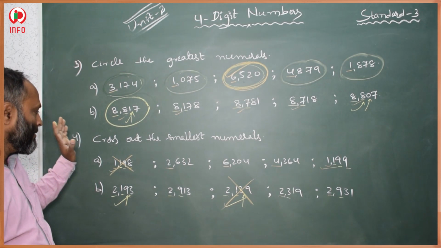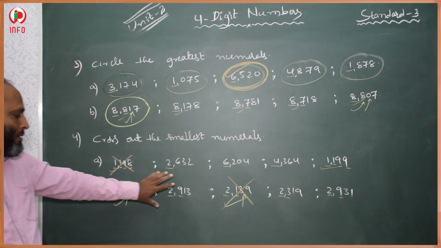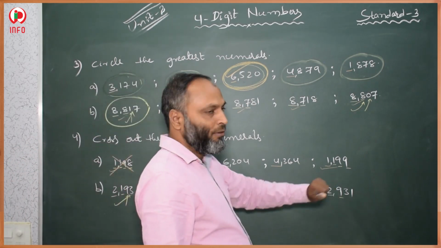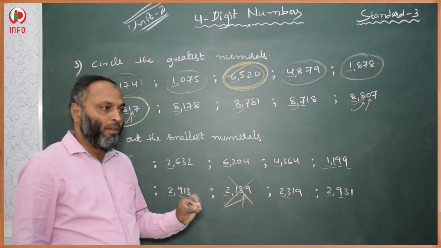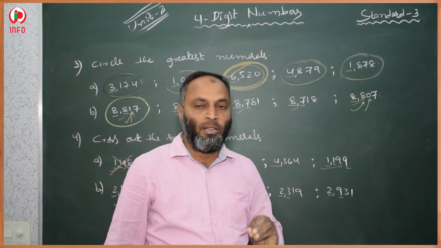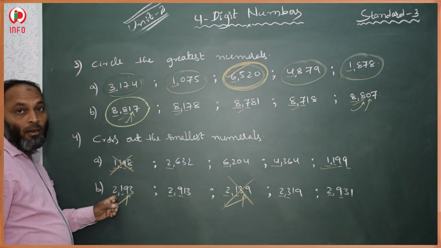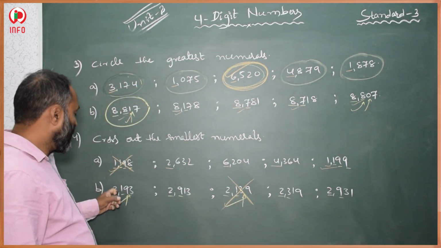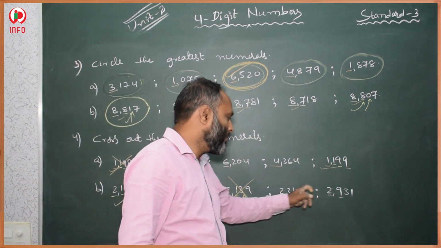Once again, listen here. Five numerals are given. In these five numerals, we have to decide which one is the smallest one. After deciding the smaller one, we make a cross. First you check the thousands place value. It is 2, 2, 2, 2, 2.